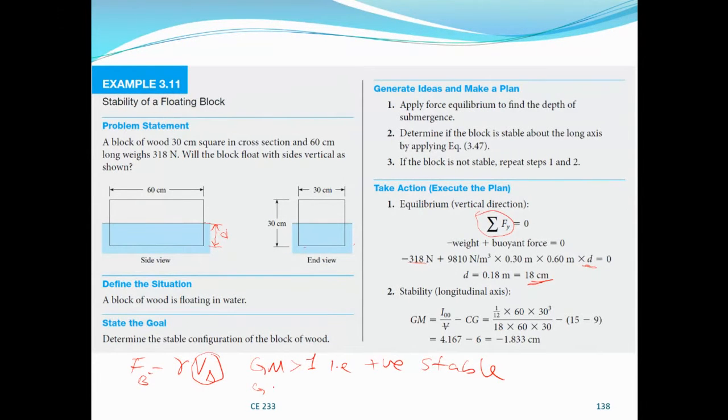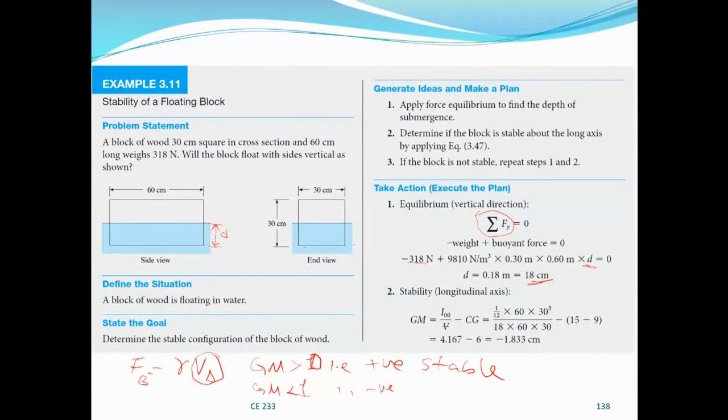And conversely, if GM is less than 1, which implies it is negative, the body is unstable. Actually, it should be greater than 0, not 1. Anything greater than 0 is positive.